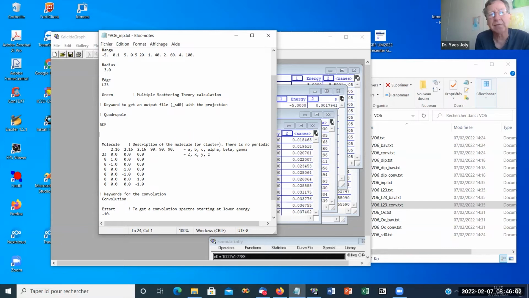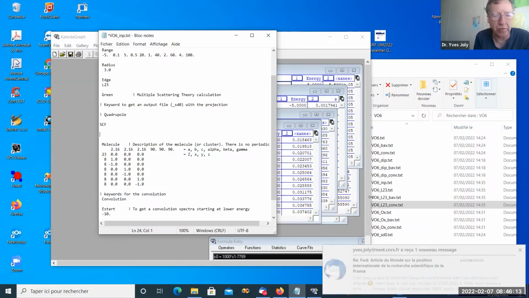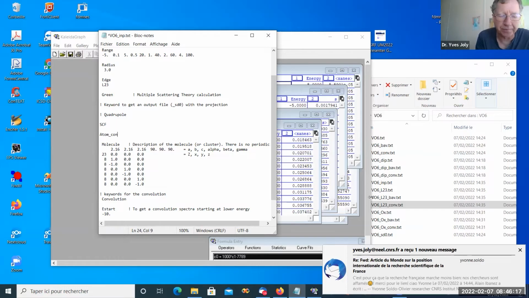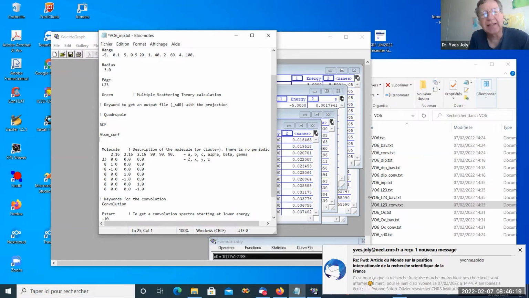To do that, it's a bit risky, but I explain anyway. If you do want to do that, you have different keywords, atom or atom conf. I use this one, atom conf. In that case, you can say, for example, I think the vanadium will be 2 plus.